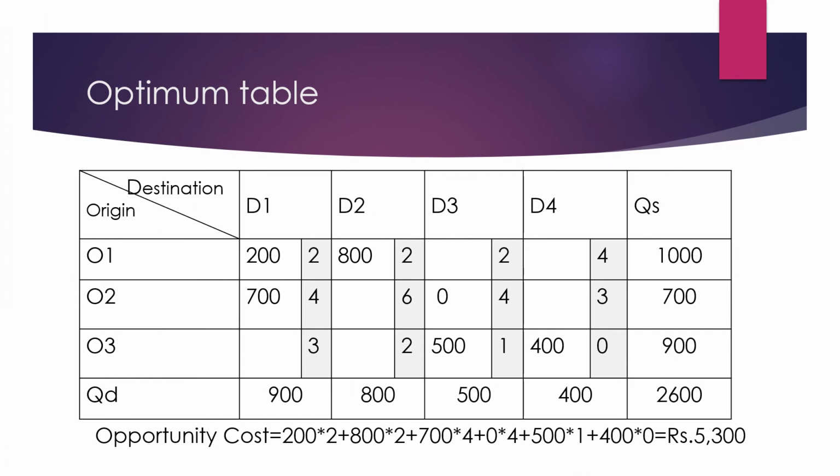Now, based on the figures and based on the allocations, I have calculated the opportunity cost. The opportunity cost in this particular allocation is 5,300. That is the lowest opportunity cost.